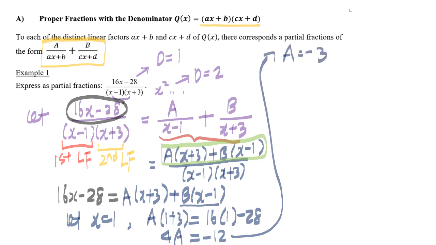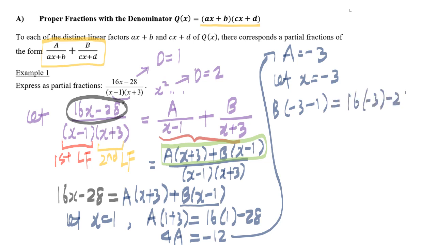So we still have to find the value for B. I'm going to let x equal -3 to eliminate the constant A. So I would end up with B times (-3 minus 1) equals 16 times -3 minus 28. That will be -4B equals -76.